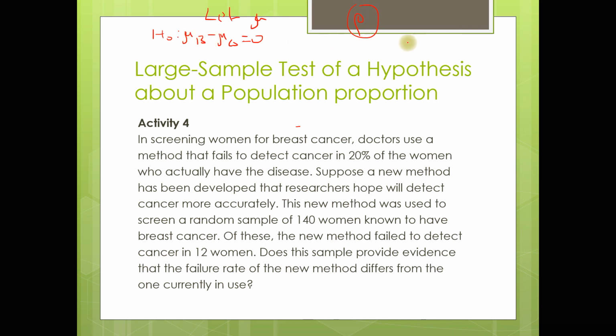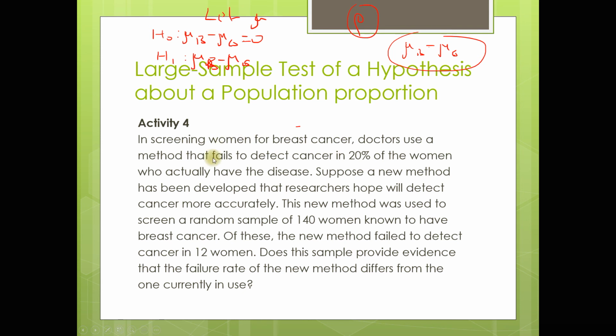You remember last time we were doing a confidence interval to see if these two are equal or not. But now when you're doing your hypothesis testing, you will state your null to be equal to 0. You're comparing it against an alternative which will depend on the question. It could be not equal to 0, greater than 0, or less than 0. It depends on what the question is. So you will need to have a look at the question.